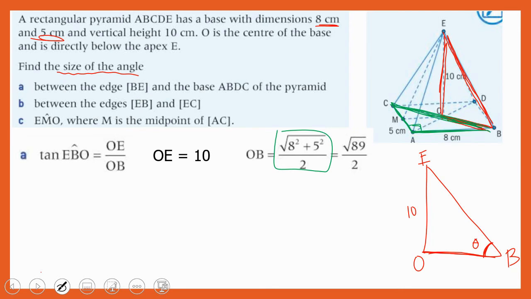One of the legs is 8, the other one is 5, and then the hypotenuse would be the total length CB. So then when we divide that in 2, we end up with just the length OB. So this down here, this length, square root of 89 over 2, is that length of OB.